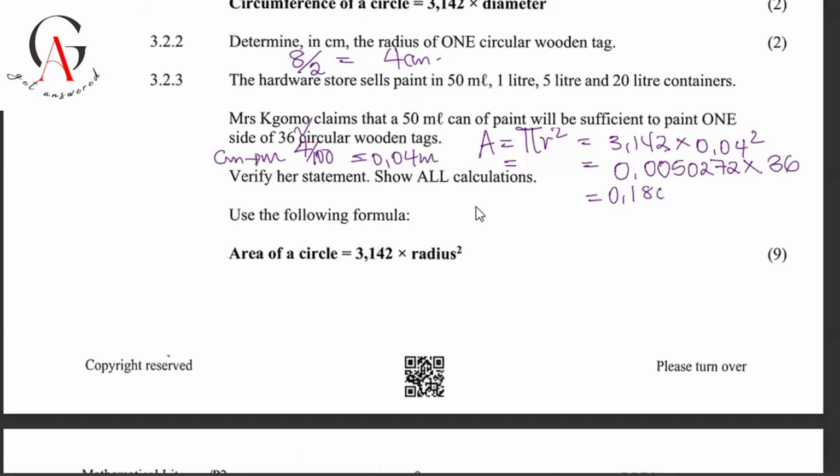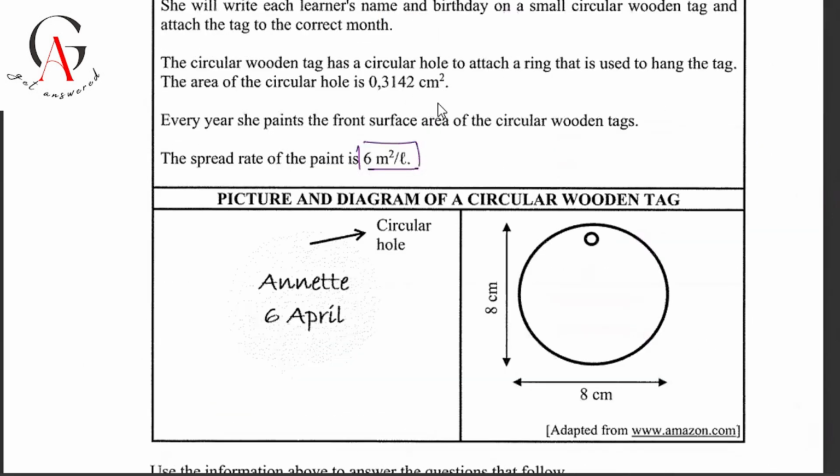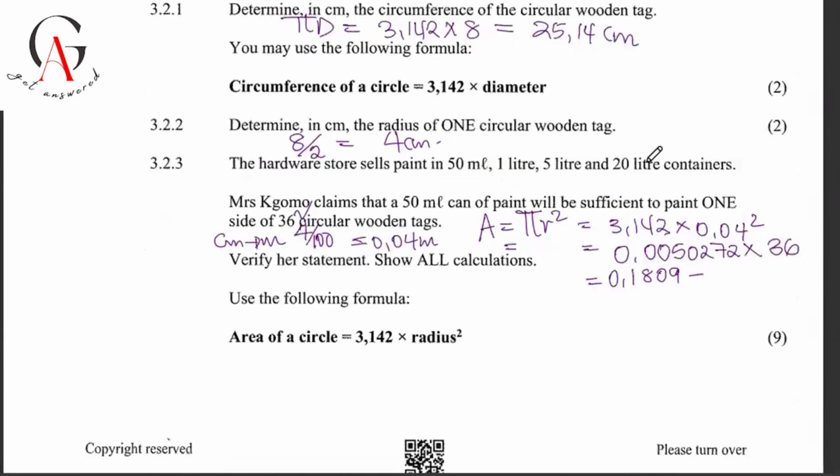But remember, there's a certain part, the hole, that is not going to be painted. We need to subtract the area of the hole, this one here. We need to subtract that one there.